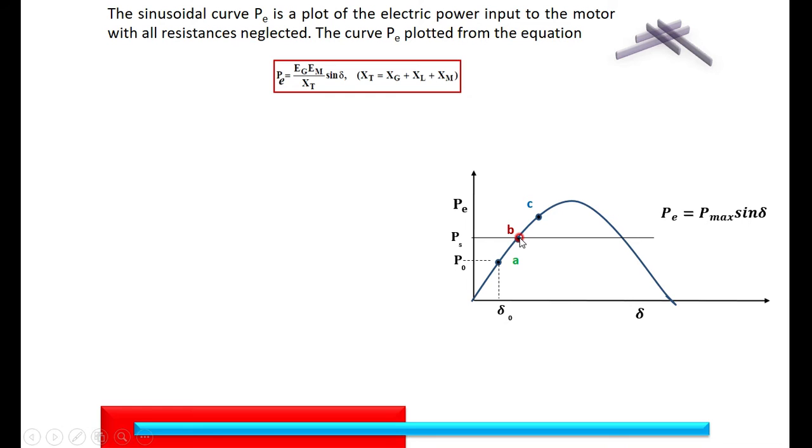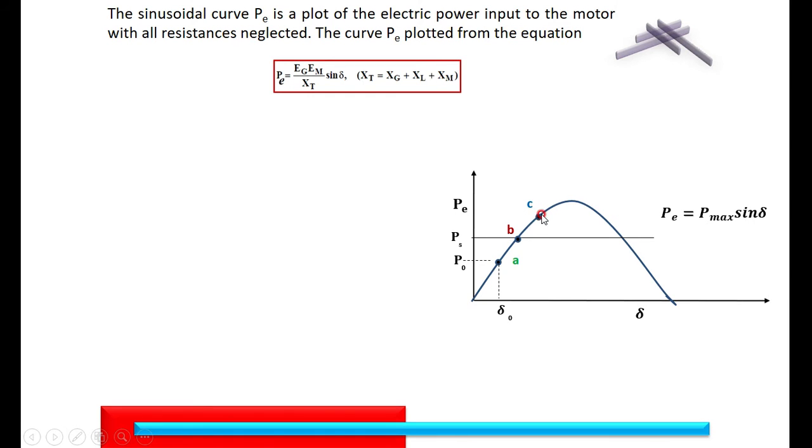Therefore, delta goes on increasing. Our speed also goes on increasing, because beyond B the electrical input is more than the mechanical output. Therefore, the speed is gradually increasing from B to C. When it is reaching point C, the speed becomes the synchronous speed. At that point, the angle delta ceases to increase, that is, it remains constant here.